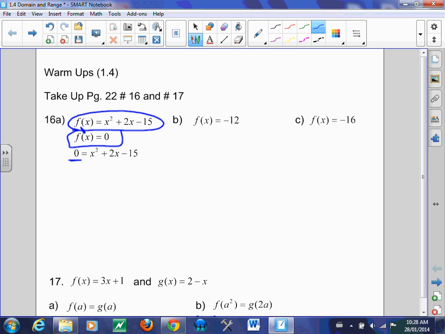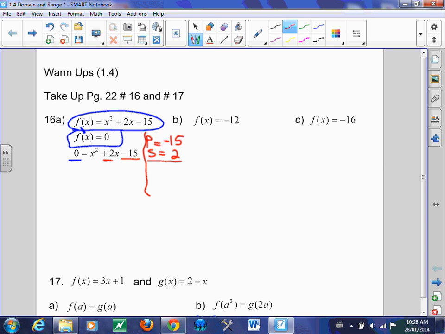Depending on how your teacher taught you to solve this quadratic, I'm going to try simple trinomial factoring, where my product is going to equal negative 15, and that's where I'm getting this number from, and my sum is going to equal 2, which is your b. What two values, ladies and gentlemen, give us a sum of 2 and a product of negative 15?